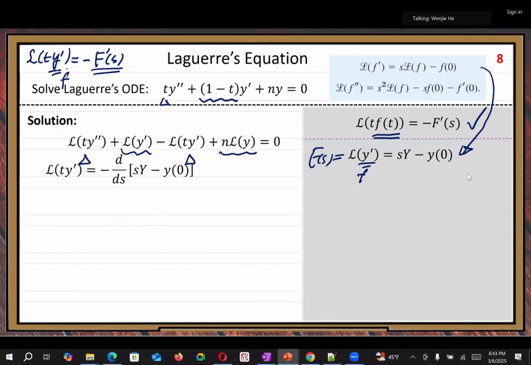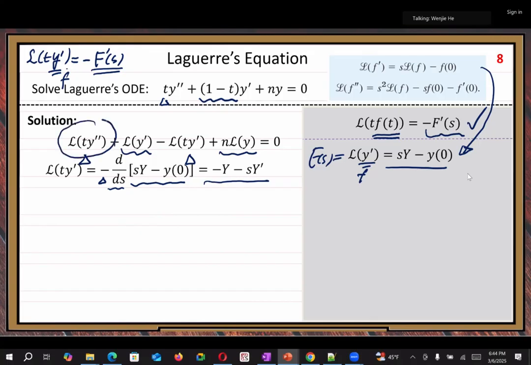Then capital F is given by that formula. That's why we take the derivative of capital F. But remember, we need to add a negative sign. That's how we apply this derivative formula, or differentiation formula, whatever you call it. That's easy. So you get this expression.